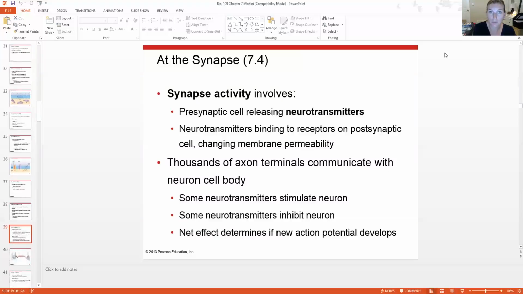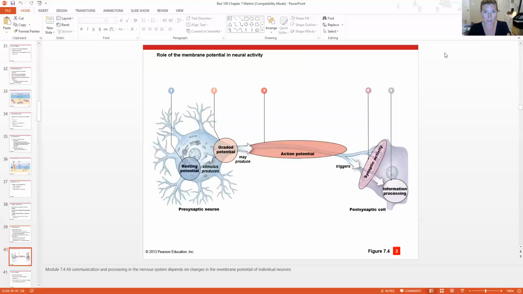In the last chapter, we were talking about the postsynaptic cell being a muscle fiber. Here, we're talking about it being probably another neuron. That changes the permeability on that postsynaptic cell. So thousands of axon terminals are communicating with that neuron cell body, stimulating or inhibiting the neuron. It's going to either impact that neuron and make it send an action potential, or it's going to turn that neuron off and have it not send an action potential.